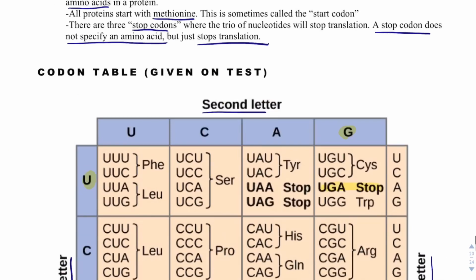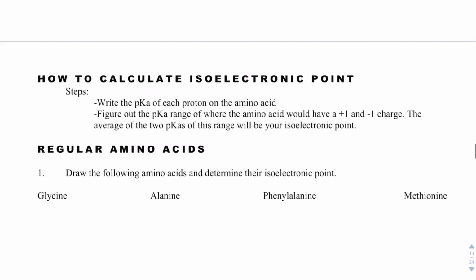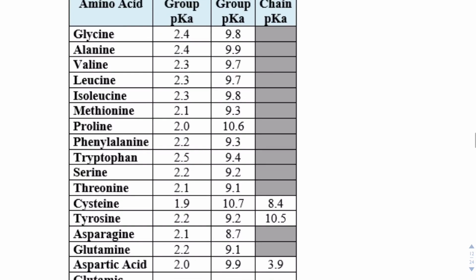When I go up to my pKa table for my amino acids, methionine does not have a side chain pKa, and that makes sense. The only H's off the side chain are alkane, and that would be 50. You're not going to have a biological system with a pH of 50.